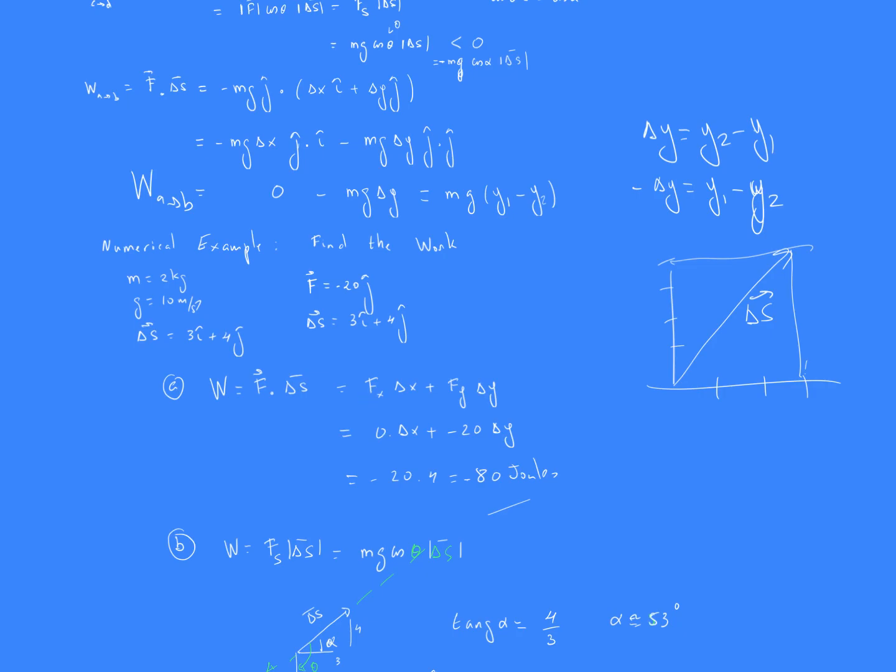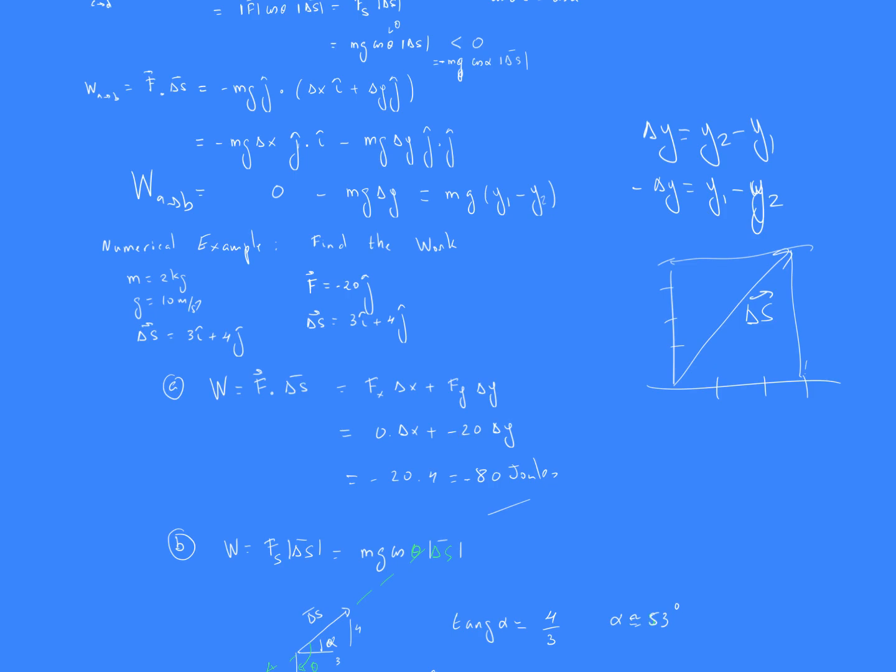Fx is 0, delta x I don't care. Fy is minus 20, and delta y. Let's find the work when you displace delta y of 4 meters. So this is your displacement, 4 meters.